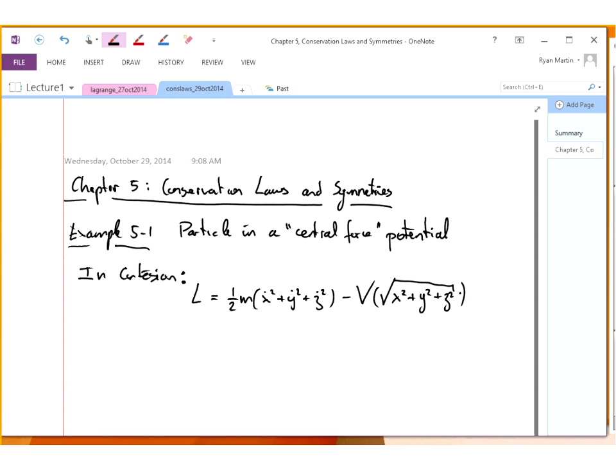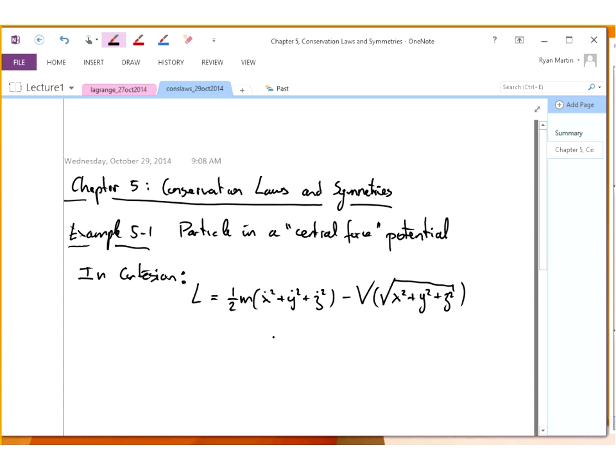If we look at this Lagrangian, we should now start having the reflex to look for cyclic coordinates. We have 3 coordinates, x, y, z, and all 3 of them appear in the potential. So there are actually no cyclic coordinates.